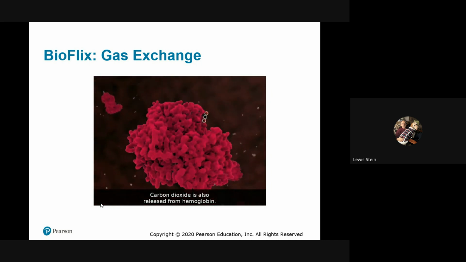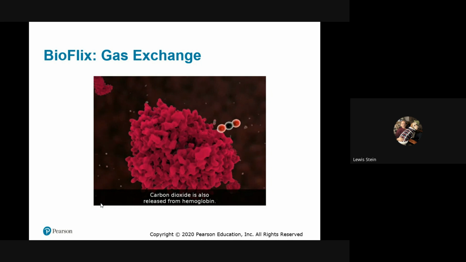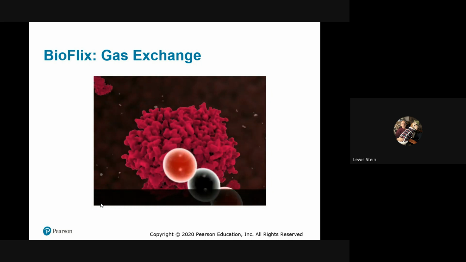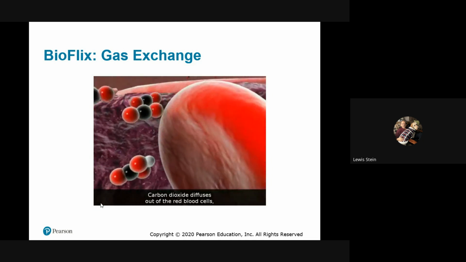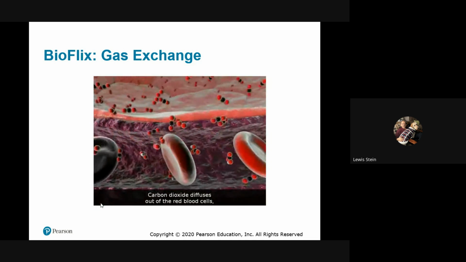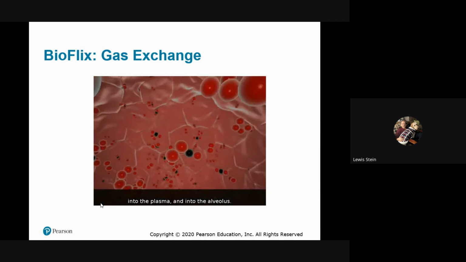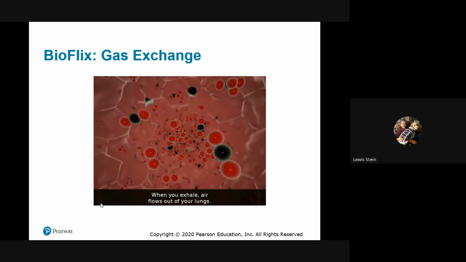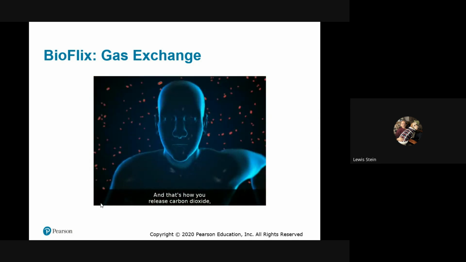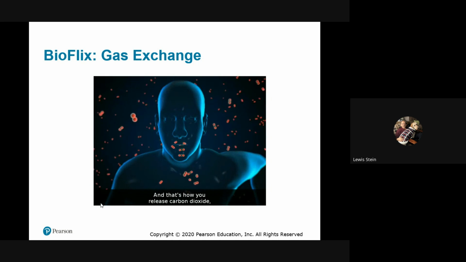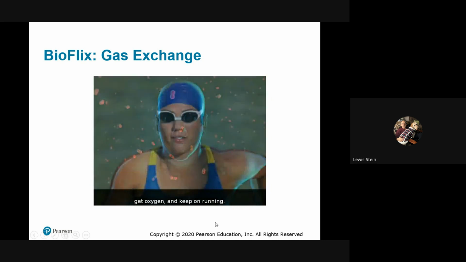Carbon dioxide is also released from hemoglobin. Carbon dioxide diffuses out of the red blood cells into the plasma and into the alveolus. When you exhale, air flows out of your lungs. And that's how you release carbon dioxide, get oxygen, and keep on running.